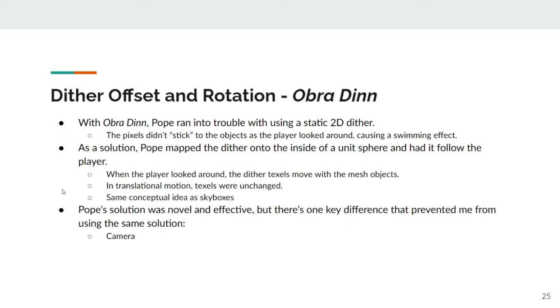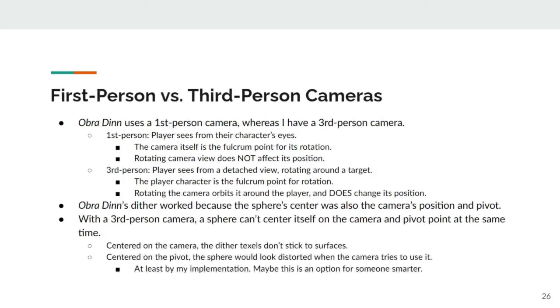Now, in my case, there was a key difference in the camera that meant I was having a lot more trouble doing the same solution, which is that my camera is in third person. Again, this is very basic information if you're familiar with this stuff, but when you have a first-person camera, the fulcrum of rotation is the player and the camera itself.